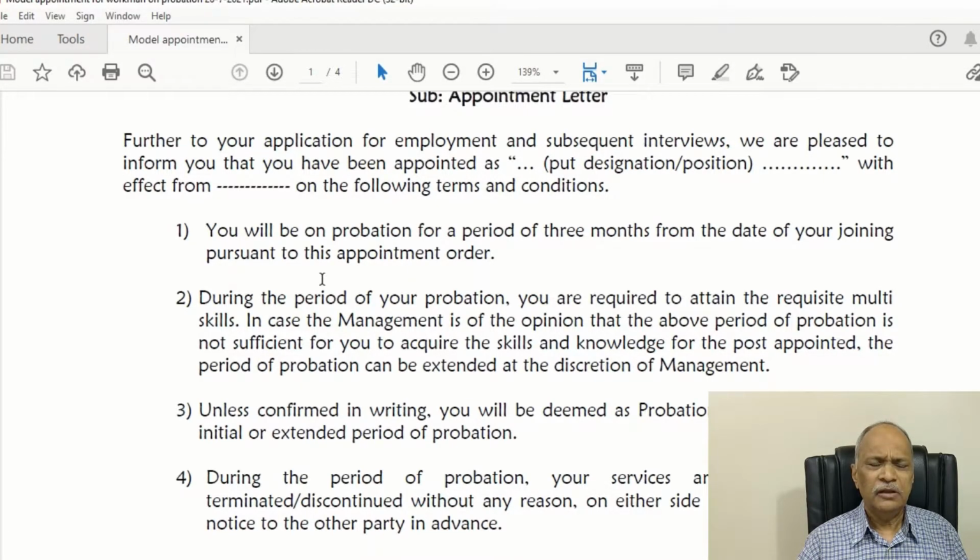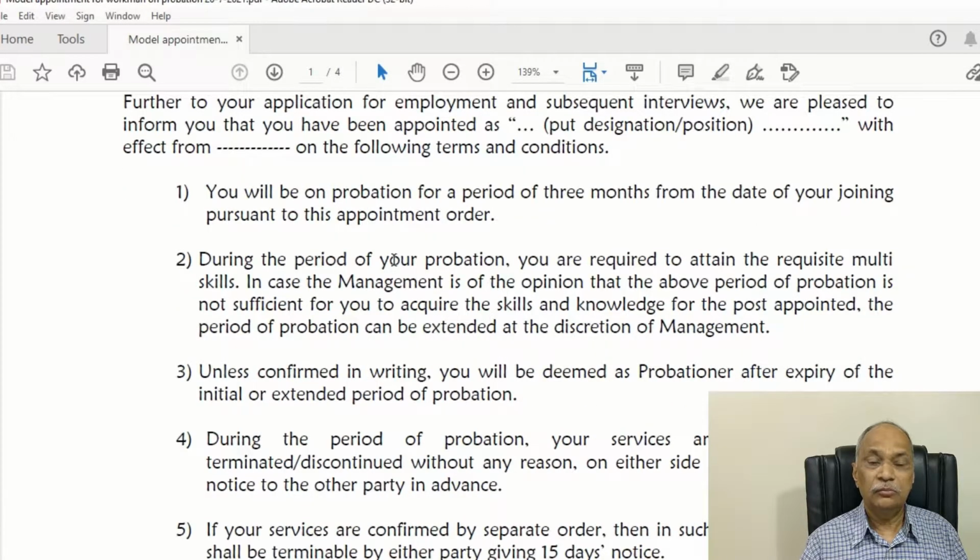But we have observed in the market in general, most establishments follow a 6-month probation period, and many times they also extend the 6 months. So it violates legal requirements and it can also invite problems for the management. So be careful before issuing and designing these appointment letters, employment terms and conditions.